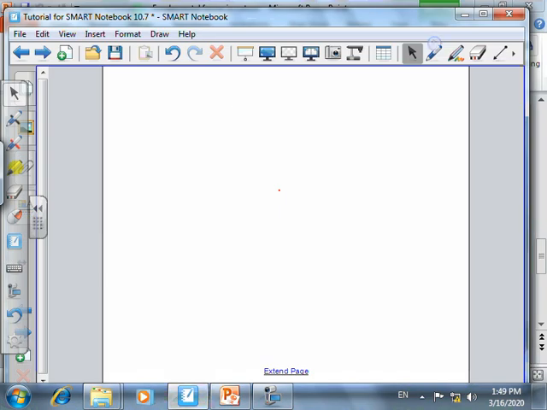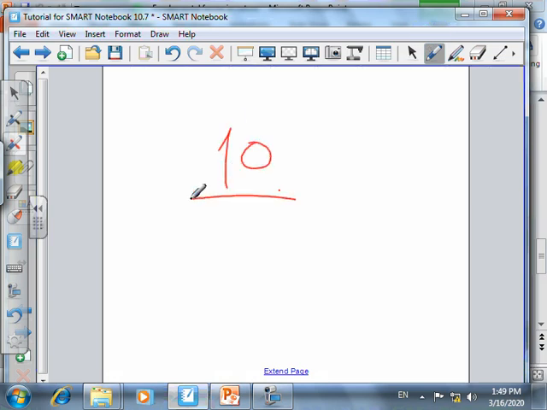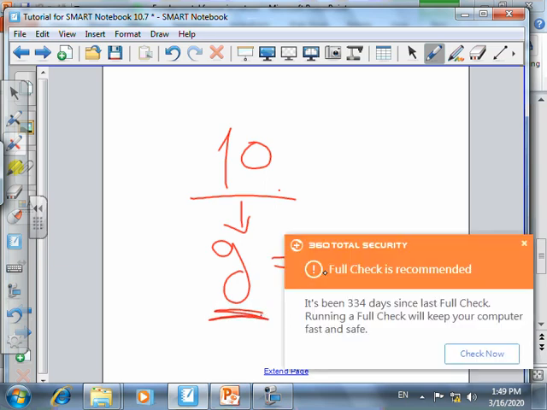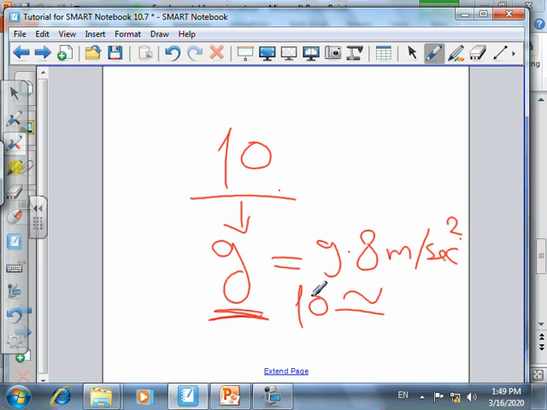But this year, instead of 10, we are going to write G. G is the gravitational acceleration, which is approximately 9.8 meters per second squared, which is approximately 10 as we have taken it before.